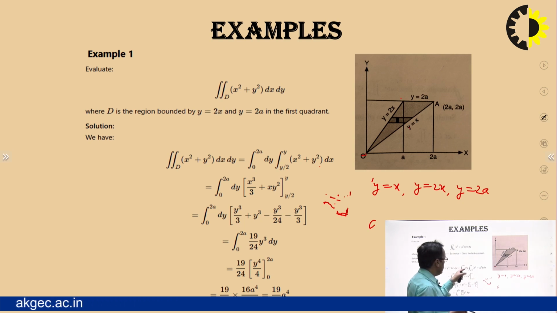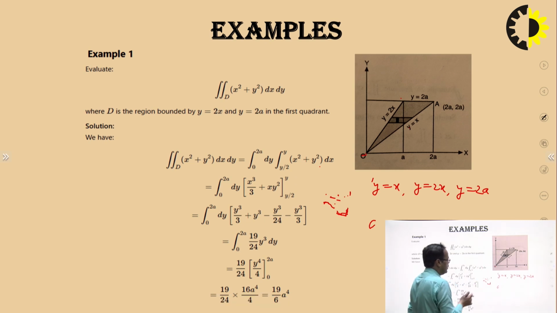From 0 to 2a dy, y square is constant. The integration of x square is x cube by 3, plus y square into x, with limits y by 2 to y. Putting the upper limit y, we get y cube by 3 plus y cube, then minus the lower limit: y cube upon 24 minus y cube by 3.